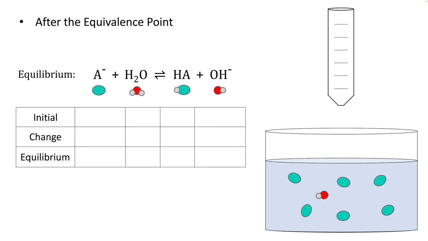For this calculation, it's the same type of thing as at the equivalence point, but we don't have a 0 initial concentration for OH-. We have some unreacted OH- that was just added.